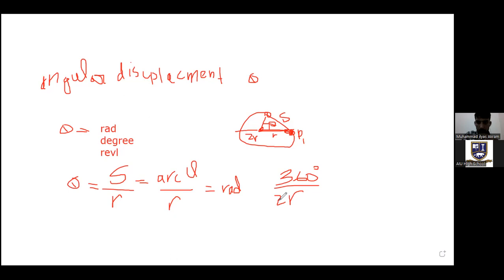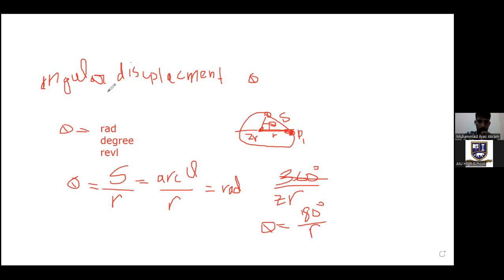So we can cancel this to this, and the answer will be equal to 180 degree over r. So theta will be equal to 180 degree over 1r, when a body completes one complete revolution. So we can convert this into radian and degree also.